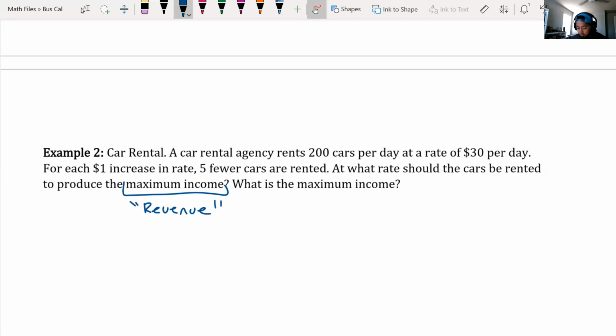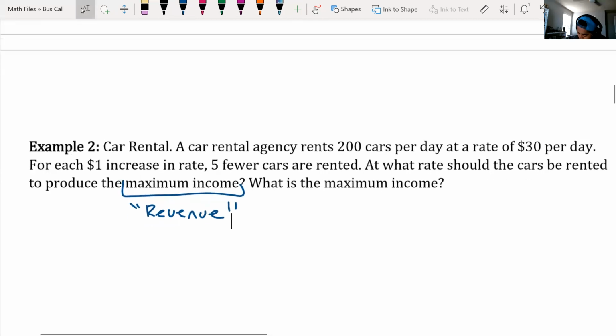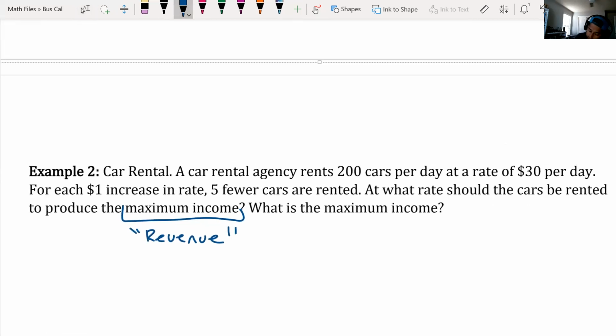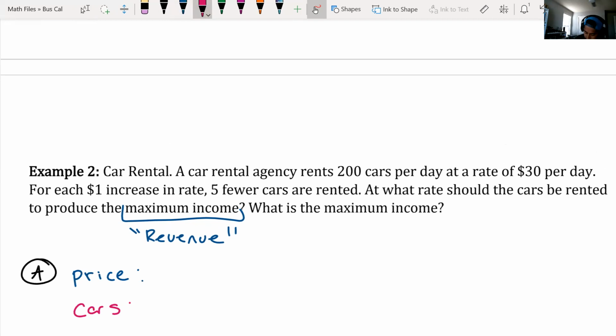So let's first start off with, I guess we could call this step A. Let me zoom. There we go. And in step A, let's go ahead and create a price equation and a number of cars equation. So A, we're going to say price and cars. Okay, so for price, how much are we renting these cars for per day? $30 per day.